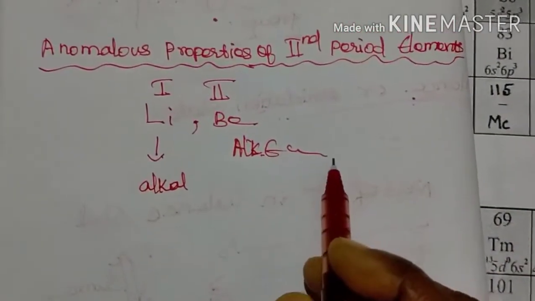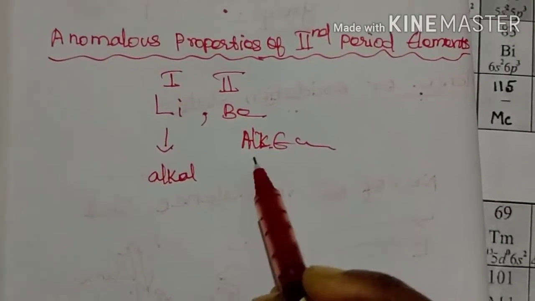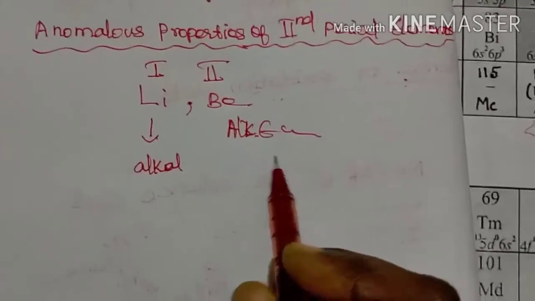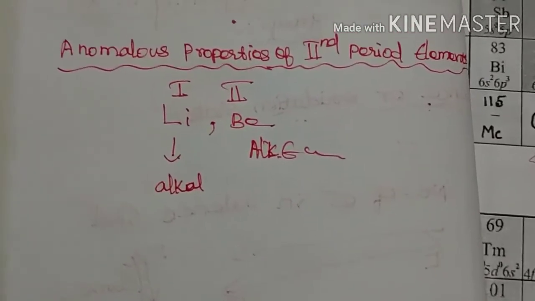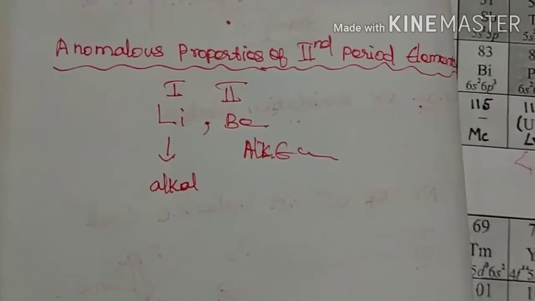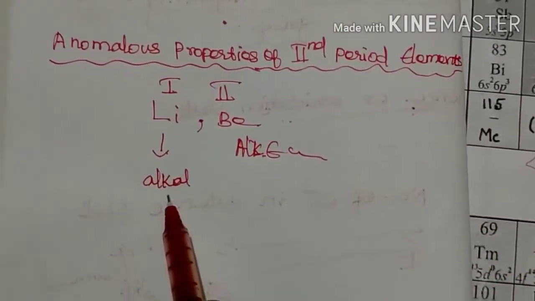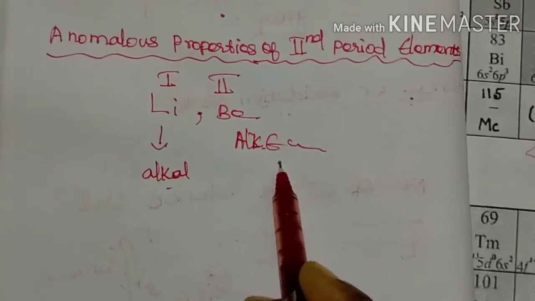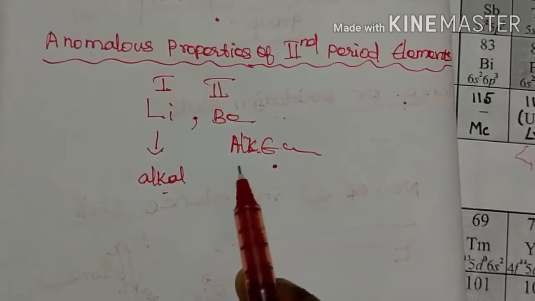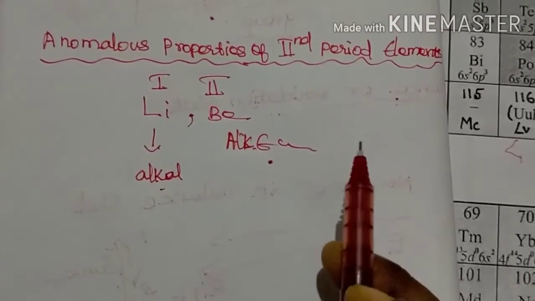The general character of alkali metals and alkaline earth metals is that they have a strong ability to form ionic compounds. But lithium and beryllium, present in the alkali and alkaline earth metals, are involved in covalent compound formation.